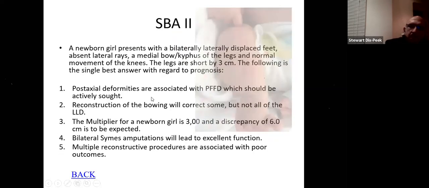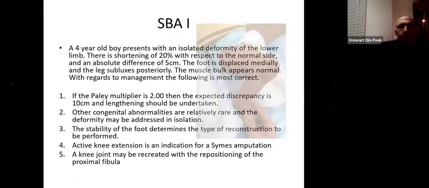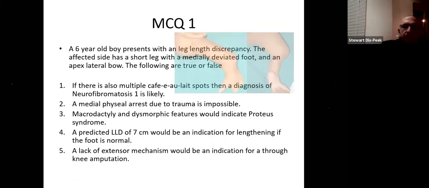Sorry, let me go back. Given that I've given you a clinical scenario, you've also got this post-lead statement. So you've got a short leg and the cafe spots. Maybe NF, maybe the deviated foot. So let's maybe make that right.